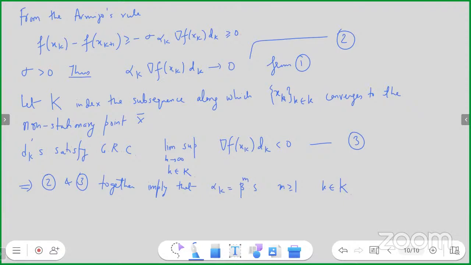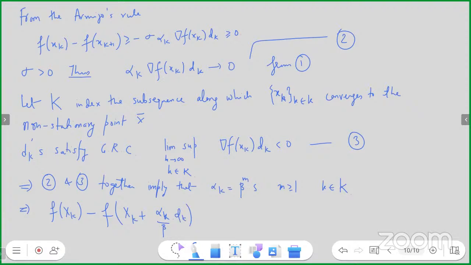Okay. So now what we're going to say is, whatever choice you're going to make at time step k of m, if you had chosen m minus 1, that would have failed. So this implies that f of xk minus f of xk plus alpha k by beta times dk, just pay attention to this, would not have satisfied.